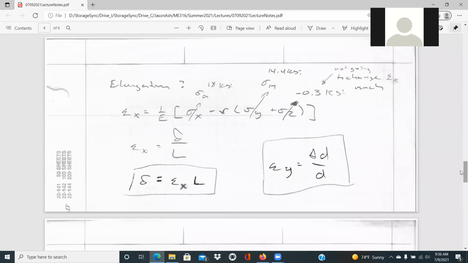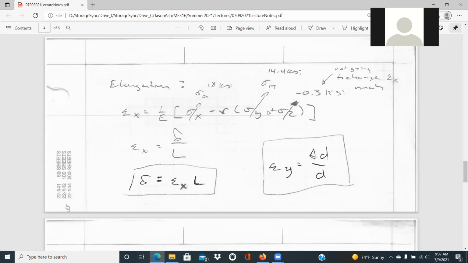You could also look at the elongation. How much does the pressure vessel stretch? You could use Hooke's law, the full 3D version of that, to solve for that. So your strain in the X is 1 over E times the quantity sigma X minus nu times sigma Y plus sigma Z. Sigma X is your axial component, 18 KSI.